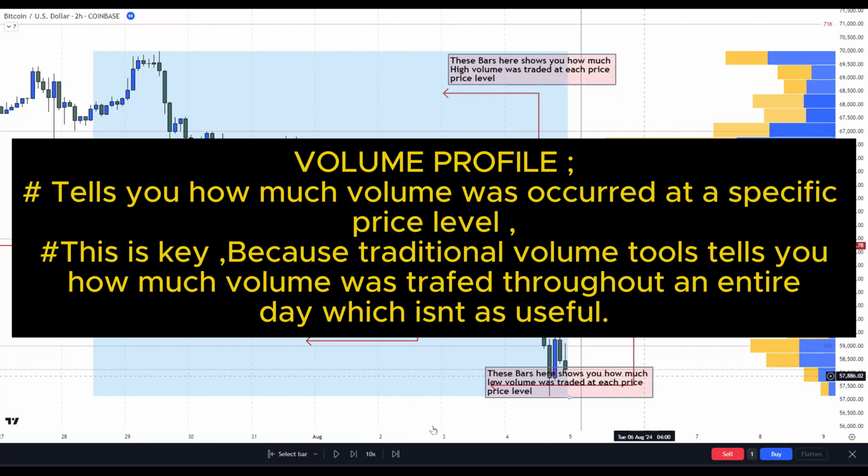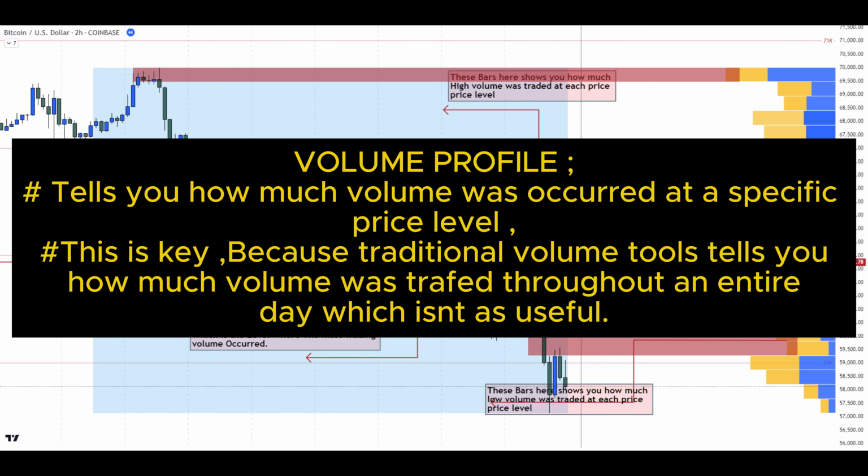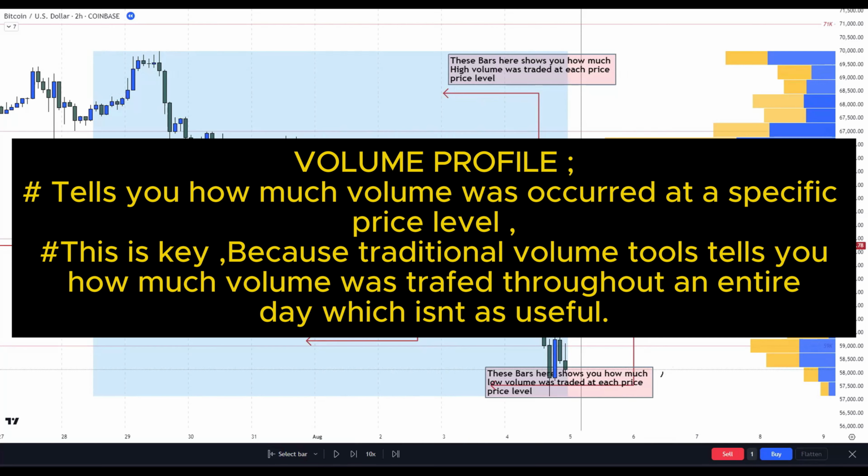So what's the volume profile? Volume profile tells you how much volume occurred at a specific price level. This is key because traditional volume tools tell you how much volume was traded throughout an entire day, which isn't as useful.